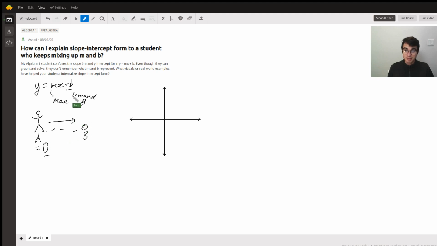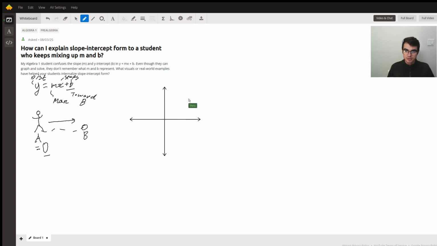From A to B, this is toward B. So M is our man. X is the number of steps. And Y is our distance. So if we think about it like this, I know I've labeled a bunch of things. It's a bit gibberishy, but it's going to start to be very clean once we graph it.